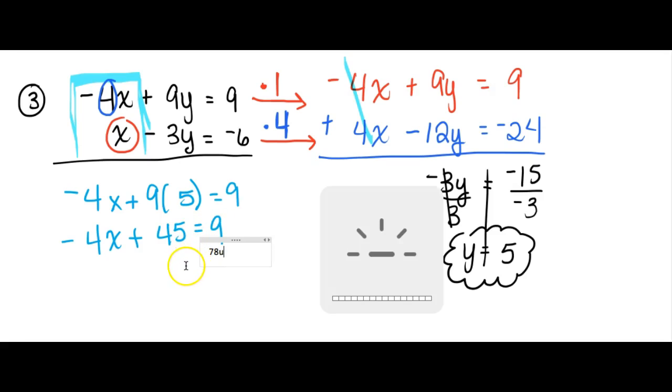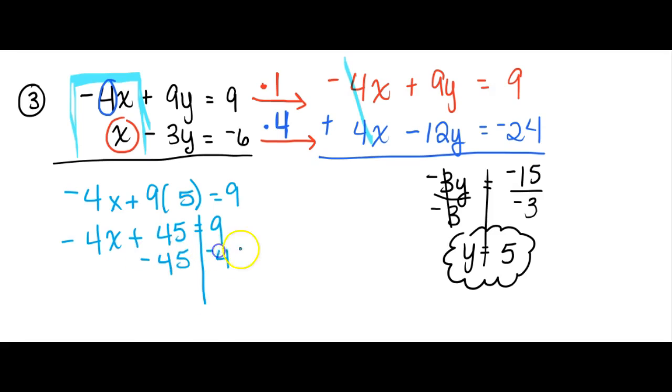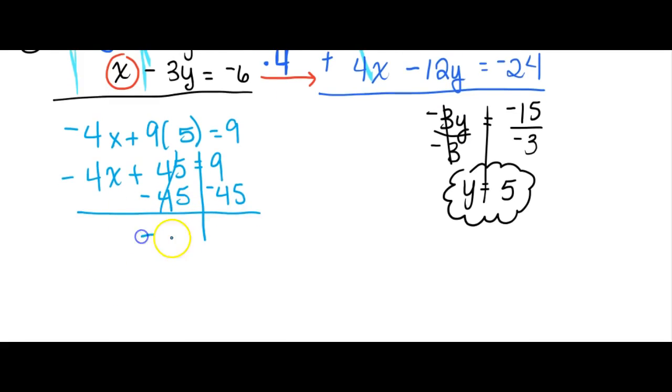And then, sorry about that, guys. Then I need to subtract 45 from both sides. Okay, these cancel. We have negative 4x equals negative 36.